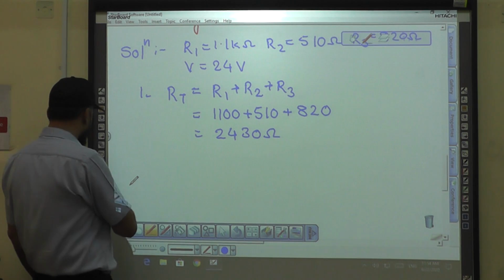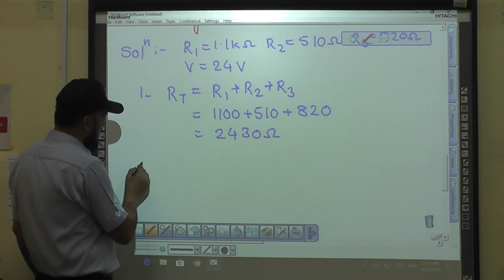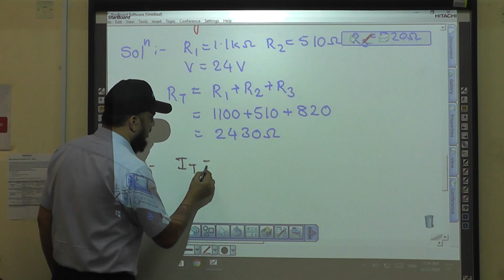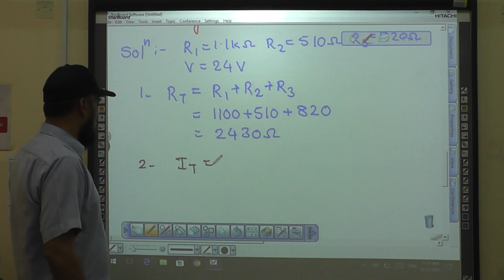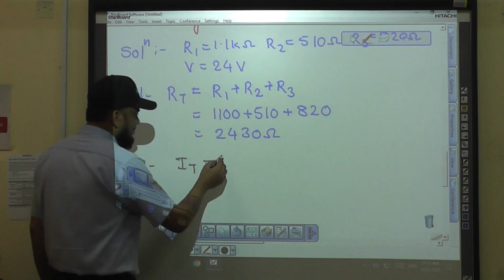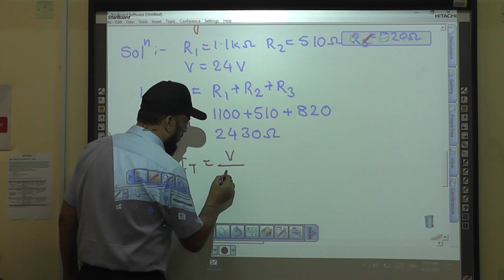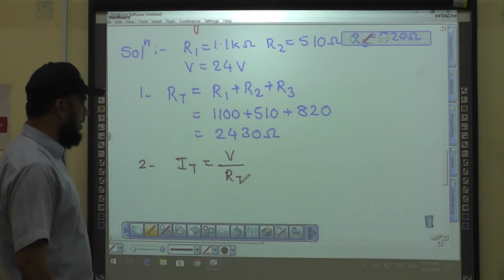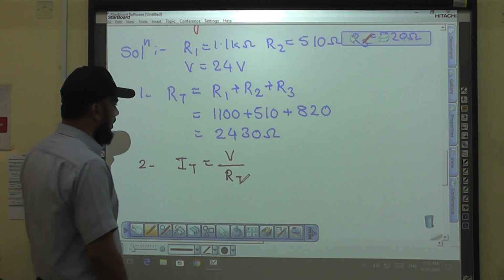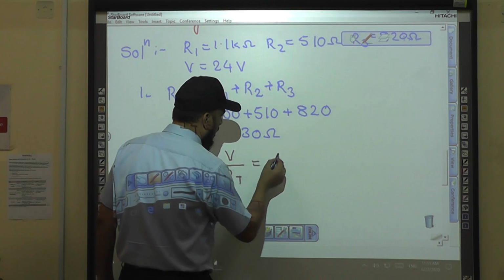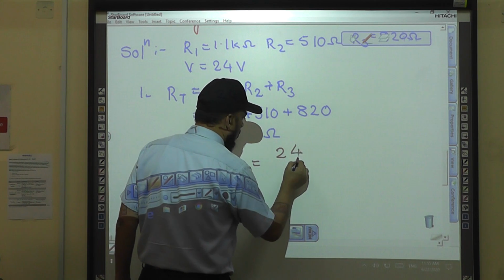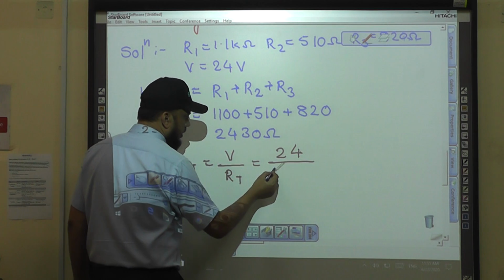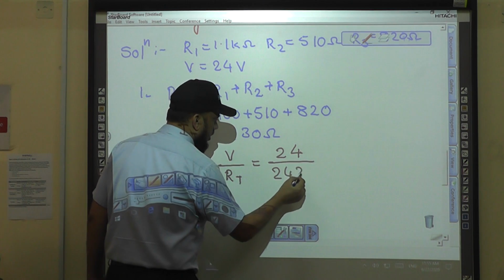Now number two, we need to calculate I total. I total equals what? Source voltage divided by R total. What is the source voltage? We have the source voltage as 24 volt divided by the R total, which is 2430.